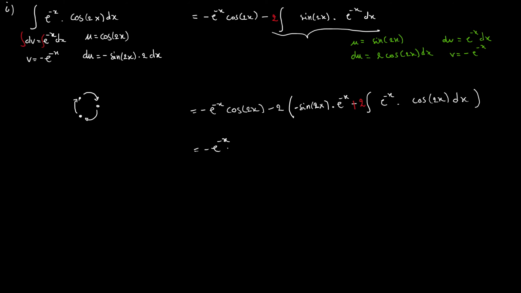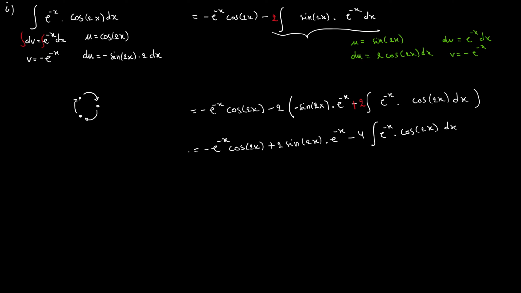So e to the power of negative x times cosine 2x minus sine x, so plus 2 times sine 2x times e to the power of negative x, minus 4 times the integral of e to the power of negative x times cosine 2x dx.